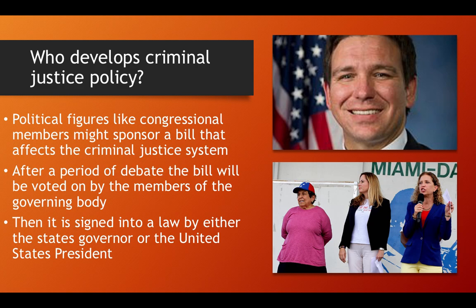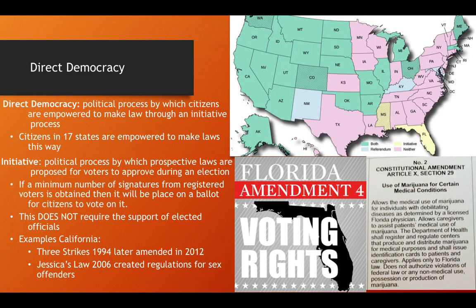And it's not going to really require the support of these individuals because we as a citizenry could be the ones to get the laws passed. So Malaco gives an example of the 3 strikes laws passed in California in 1994 and the Jessica's Law, which created regulations for sex offenders. I put here on the right side laws that were passed in Florida.